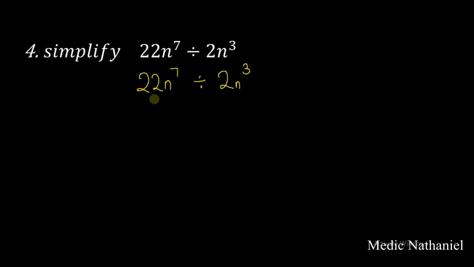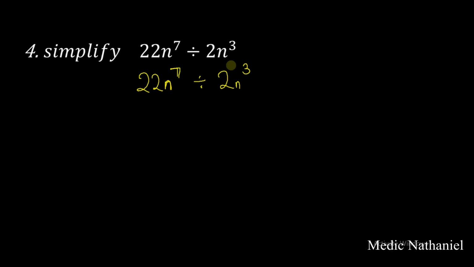The first thing I would want you to do in this question is just observe the question very well. You will discover that the power of 7 is carried by n and not 22. So 22 is not an index number, 22 is an ordinary number. N raised to the power of 7 is an index number.